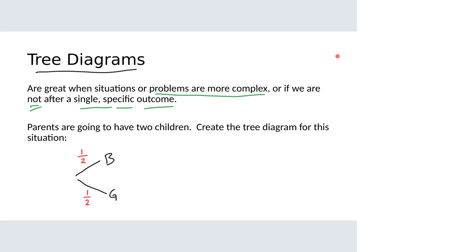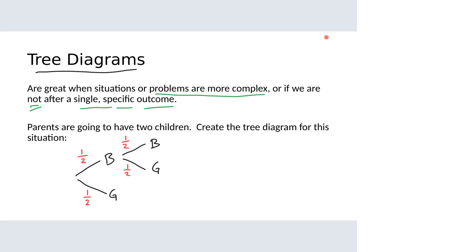So there's the first child. Now, they're also going to have a second child, and the first one's a boy. That means we're up here, and so the second child could either be a boy or a girl. And the probabilities that go with those are 1/2 and 1/2. A really important thing about reading and making tree diagrams that I want you to see right now is that this second child up there is if the first one was a boy.